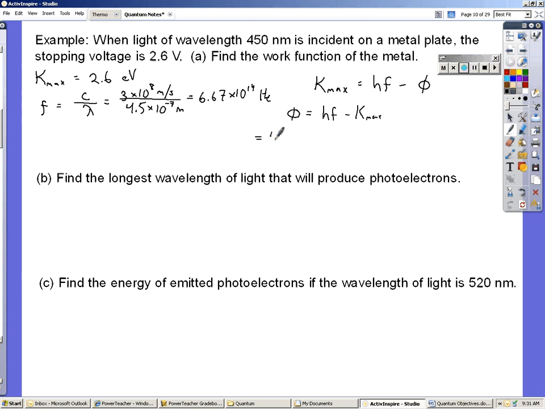Plug in numbers. We're using electron volts, so we're going to use this value of h, 4.14 times 10 to the minus 15 electron volt seconds, times the frequency, minus that maximum kinetic energy, which is 2.6 electron volts. Again, we put this in our calculator.